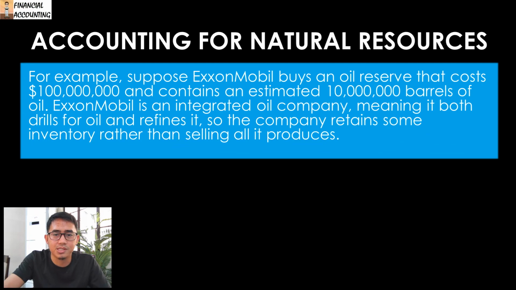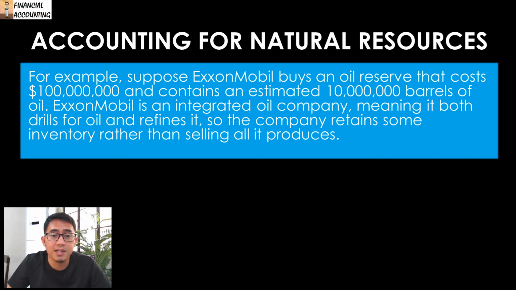Okay, for example, suppose ExxonMobil buys an oil reserve that costs $100 million. Okay, so this is an oil company. They bought a land probably with oil reserves of an estimated 10 million barrels of oil. Now, of course, that is being estimated by the company because that is somehow the basis of whether to buy that oil reserve or not, or that's their basis of the price of the natural resource.